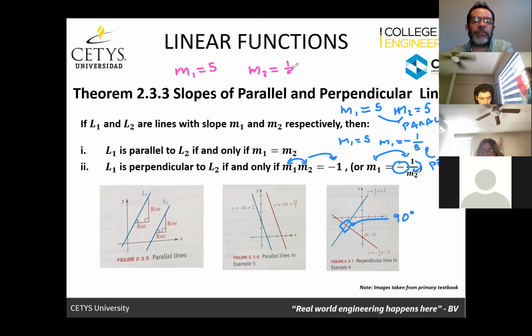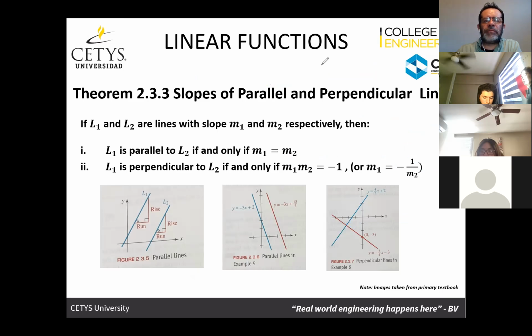these are neither perpendicular nor parallel. And there can be a case where the first slope is negative. What happens with the second one? Let's see that example. Leo, give me any number that you want. It's going to be Leo's example.